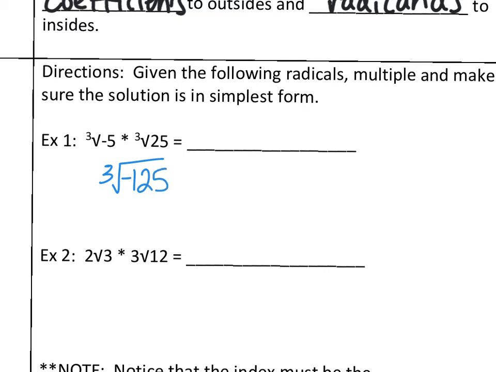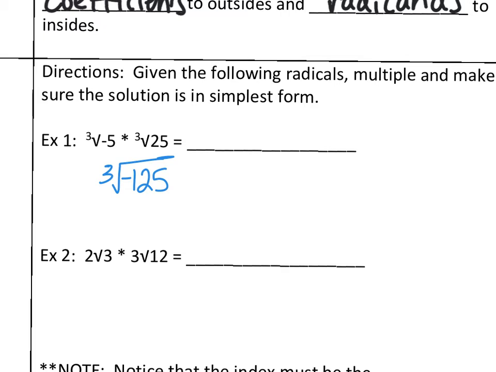That is not in simplest form, because it can be broken down, so don't give me that as the answer. I can look at that negative. Is that going to be an imaginary number or not? I'm going to take the negative out, but am I going to make it into an imaginary number or leave it as a negative 1? Negative 1, because the index is odd.